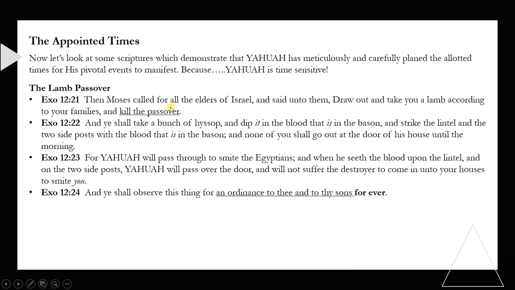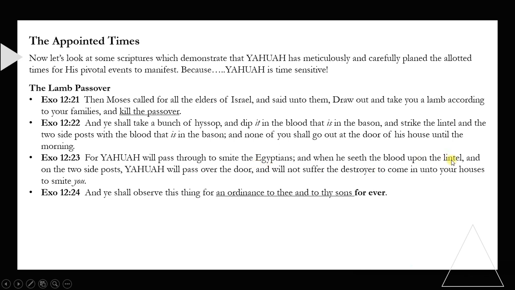Then Moses called for all elders of Israel and said to them, draw out, take you a lamb according to your families, kill the Passover, take a bunch of hyssop, dip it in the blood that is in the basin, strike the lintel and the two side posts with the blood that is in the basin. None of you shall go out at the door of his house until the morning, for Yahuwah will pass through to smite the Egyptians.